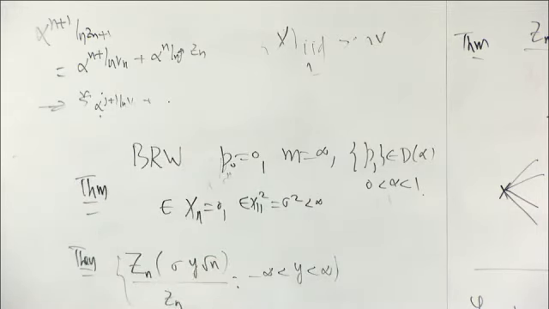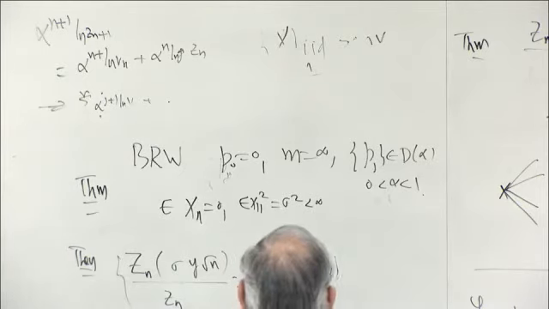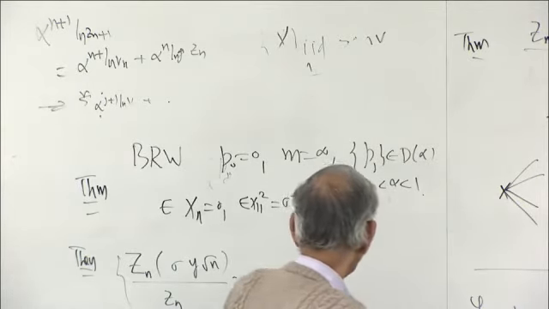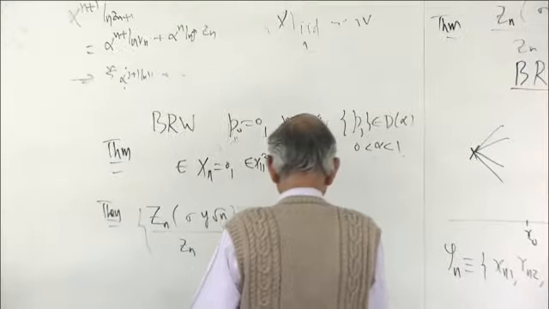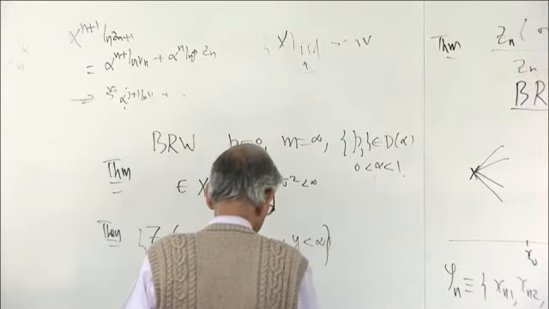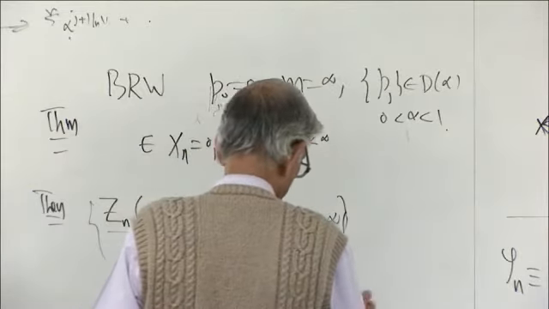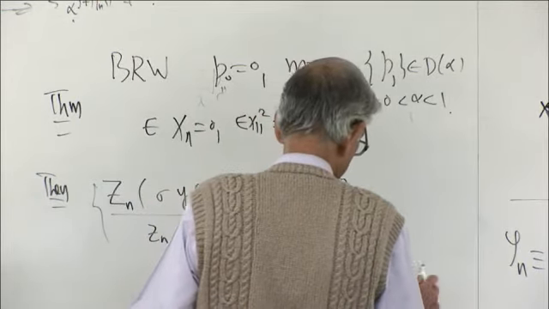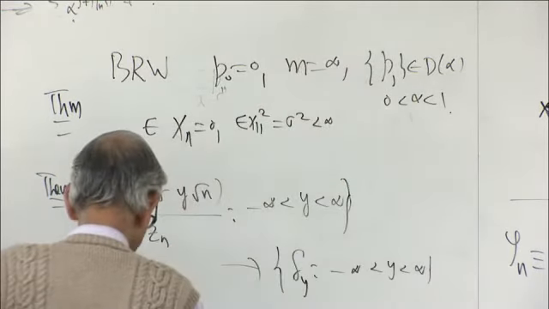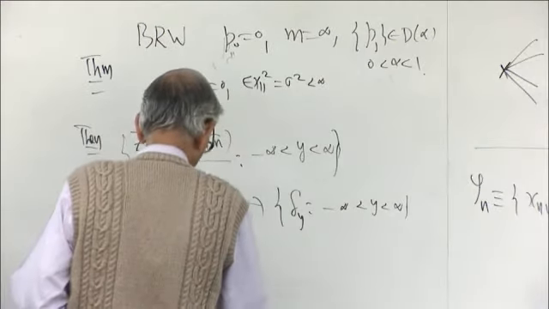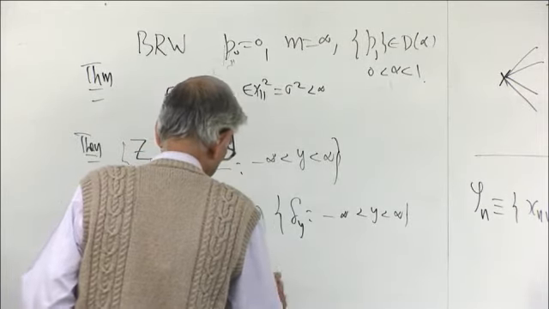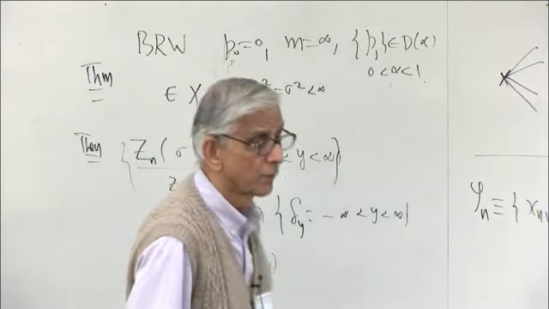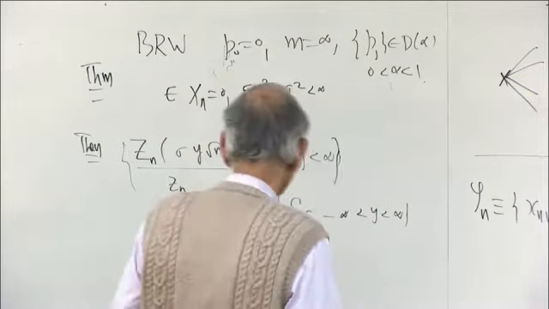For each fixed y, this converges to a random variable. So this is converging to, I want to claim, delta_y for minus infinity less than y less than infinity, where delta_y is the indicator function of N less than or equal to y, where N is N(0,1), a standard normal random variable.